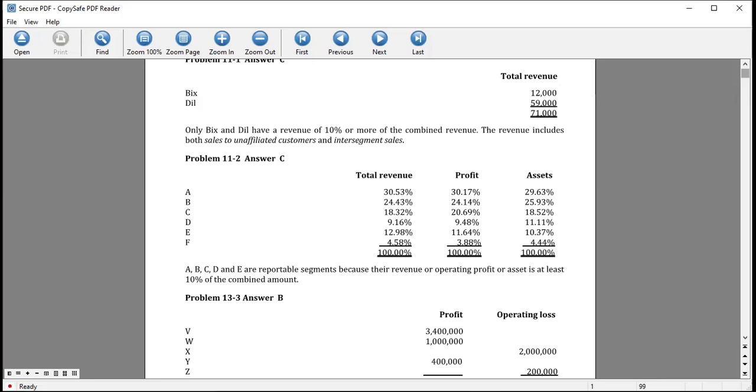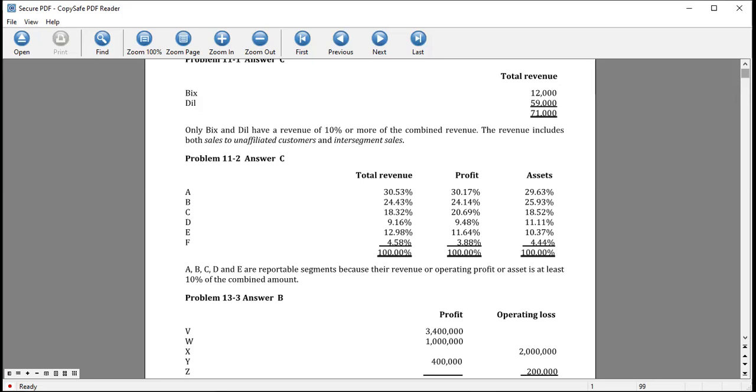While B still qualifies, whatever the base. C also. D, based on revenue, it cannot qualify, nor based on profit. However, based on assets, it's 11.11. Then E is qualified in all bases, and F is not.